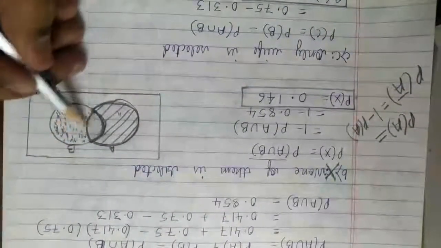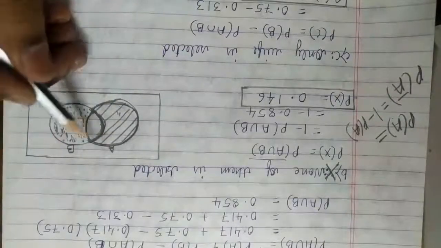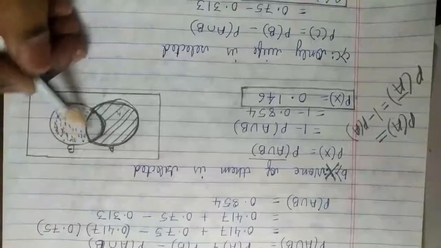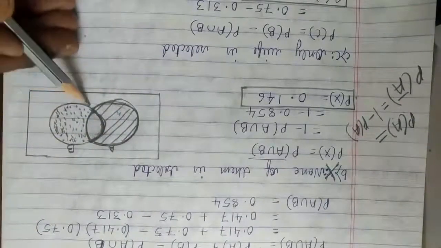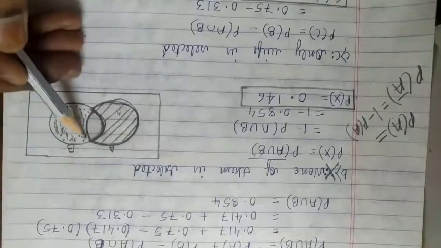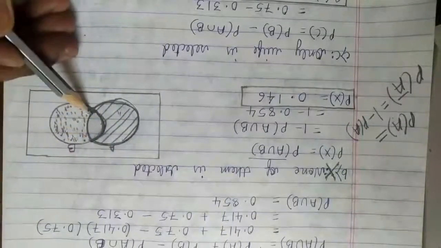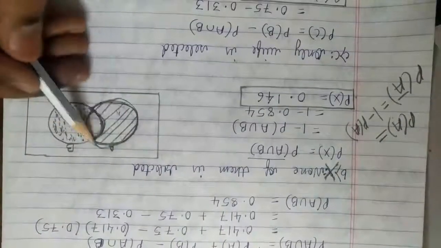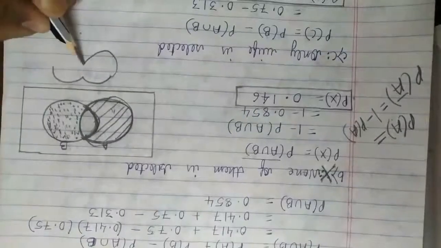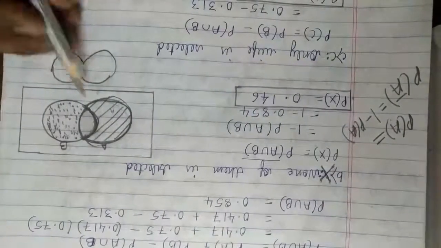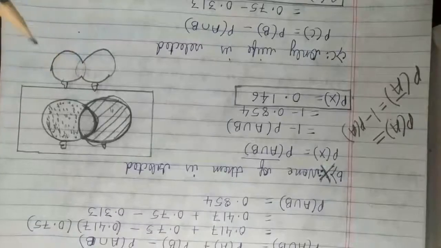This shaded region includes husband is selected and wife is also selected, that means both are selected. These three cases it covers: only husband selected, only wife selected, both selected. See, A, B includes both parts.